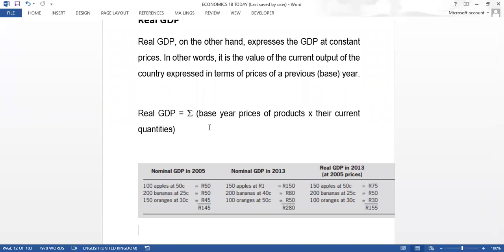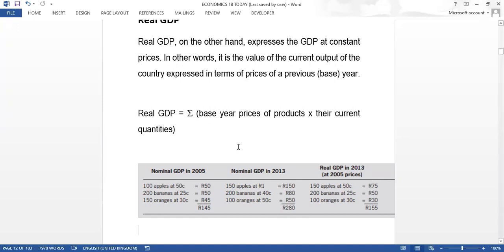A base year is usually selected based on the relative stability of the prices ascertained during that period. So it depends on the economy in question. They might choose a base year depending on how they were viewing the prices in general in relation to how the economy was producing.